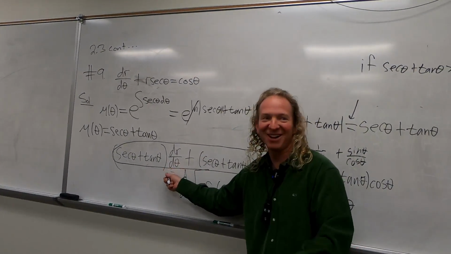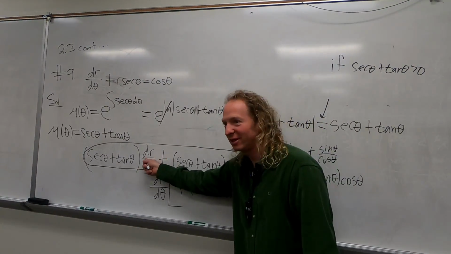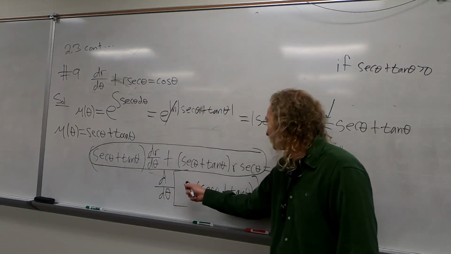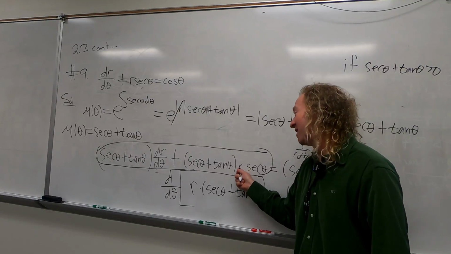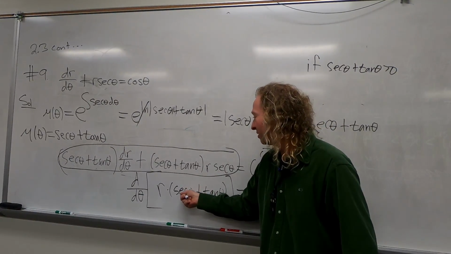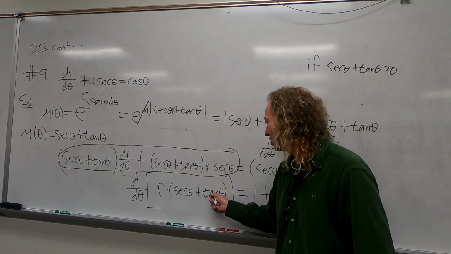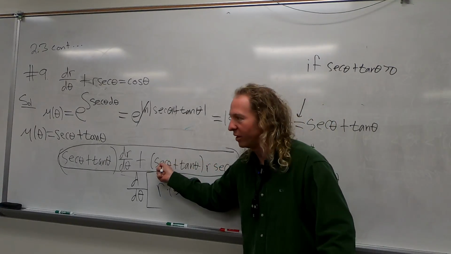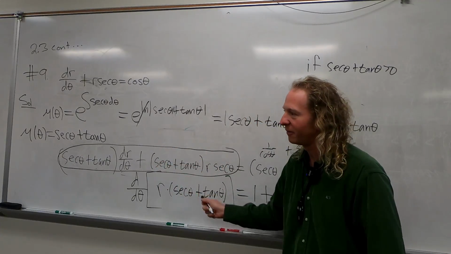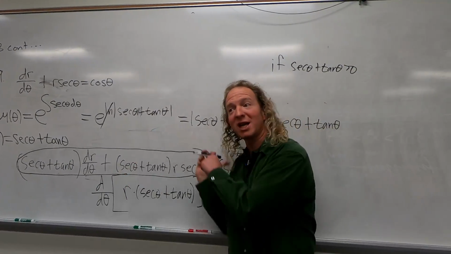And then here's the tricky part, the derivative of the second. The derivative of secant is secant tangent. The derivative of tangent is secant squared. So it's a little bit harder to see that. That's why this one is not a good first example to do. That's why we didn't do it last time.